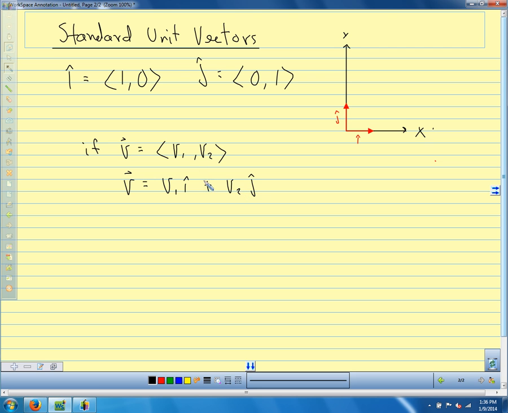These two mean the same thing. They're just different notations for this vector.